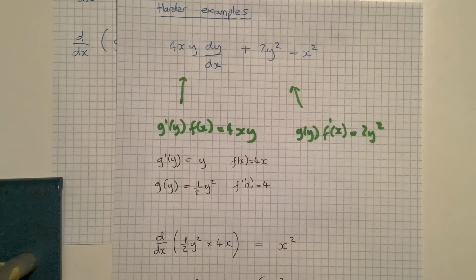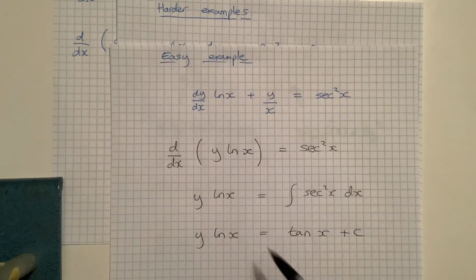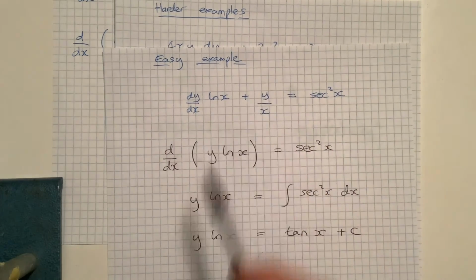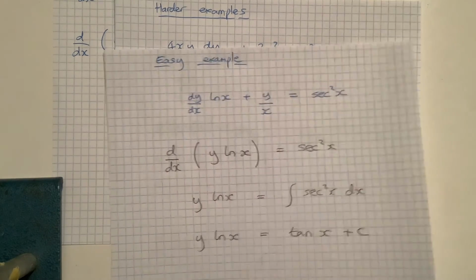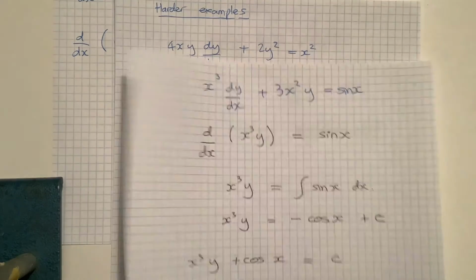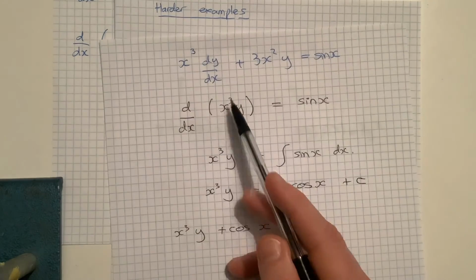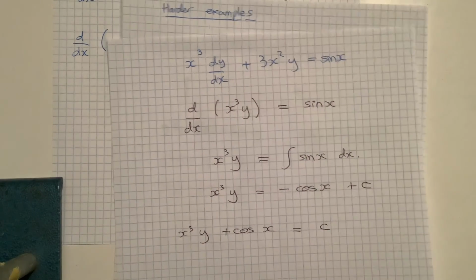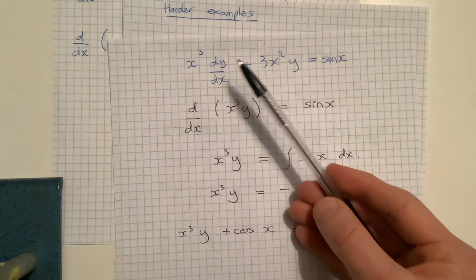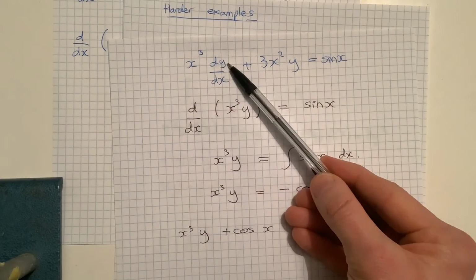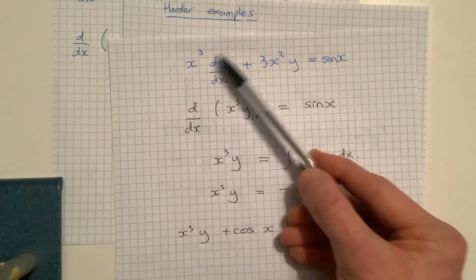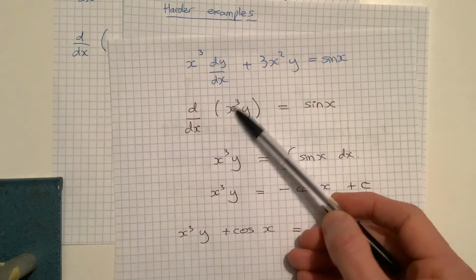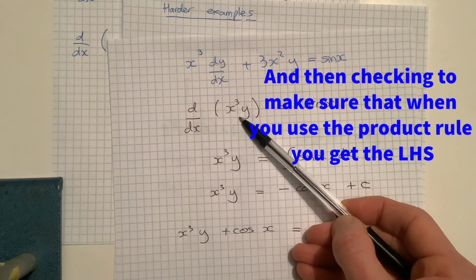Most of the time, hopefully, like you saw with this case, you'll just be able to look at it and say, right, well, I know that when I differentiate this function, I'll get this. Or similarly, that example we saw before, when we differentiate this, we'll get this. Most of the cases, in fact, it's going to be you looking at the dy by dx here and then thinking, what's that function there? That's x cubed. So I'm going to guess it's going to be x cubed y here.